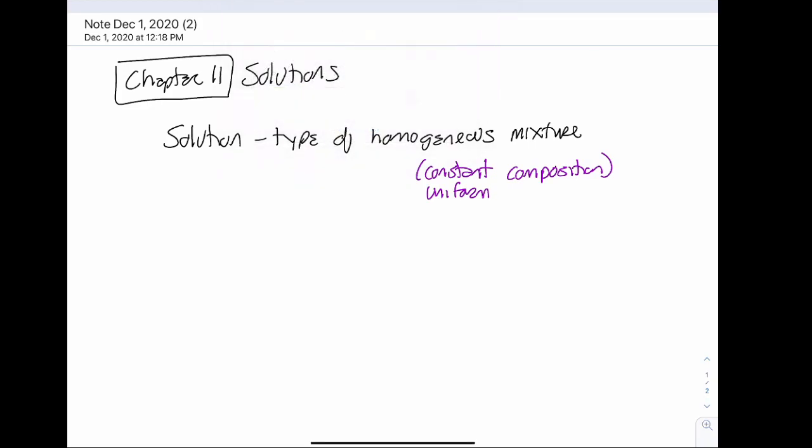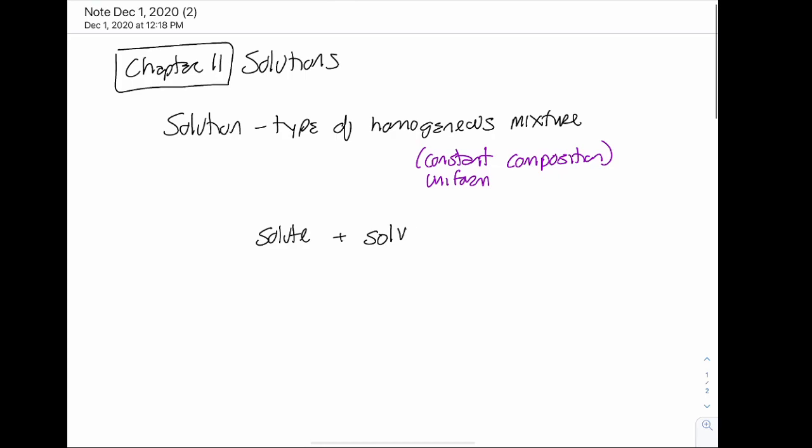We had said that our solutions are made up of two components, a solute and our solvent. We can have more than one solute, so in my Kool-Aid example, I actually have two solutes. We could put an S after it here in parentheses.